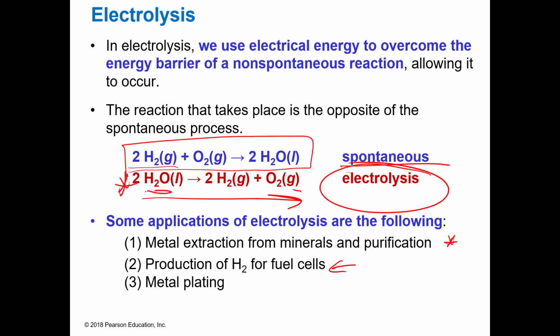You can see why that's such a nice, clean way to produce energy for cars or whatever. The only problem is when you put these two things together, they have a tendency to blow up. So we have to work that out. But if we can do that, we'll have a good clean source for fuel. And then also for metal plating, like I was talking about in the introduction, where we plate jewelry or flatware or car parts or whatever that we want to be nice and pretty and shiny.